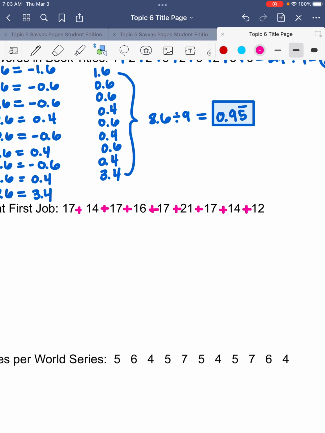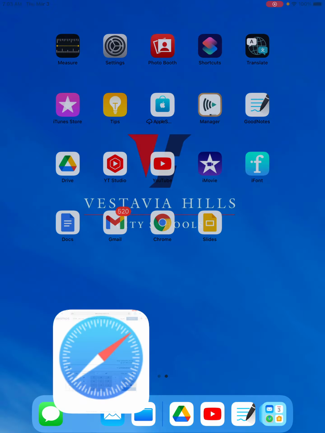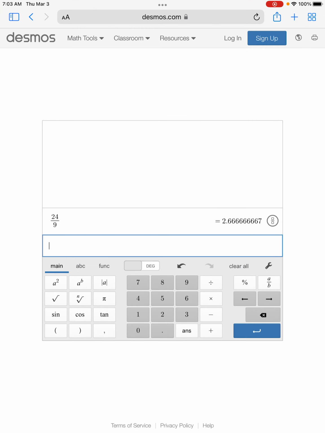I'm using my calculator for that, and we get 145.